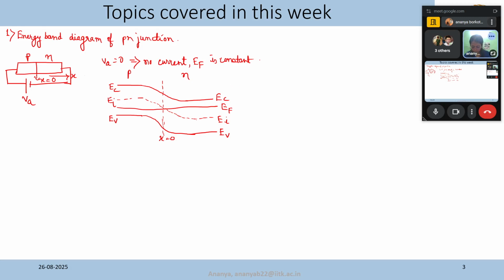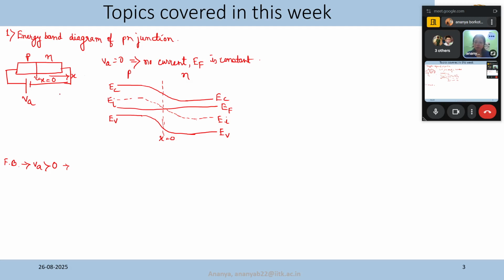Now what happens in forward bias? Forward bias means VA is greater than 0. When VA is positive, there will be another electric field which will be opposite to the built-in electric field.